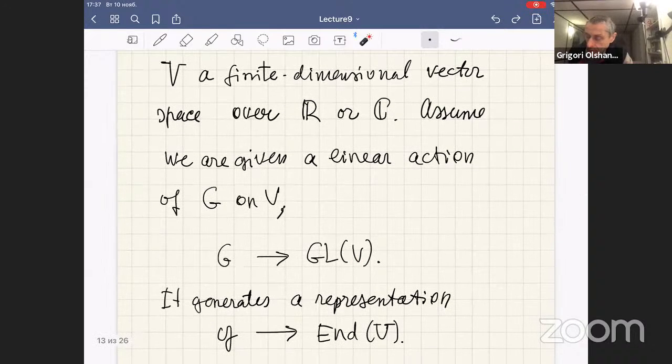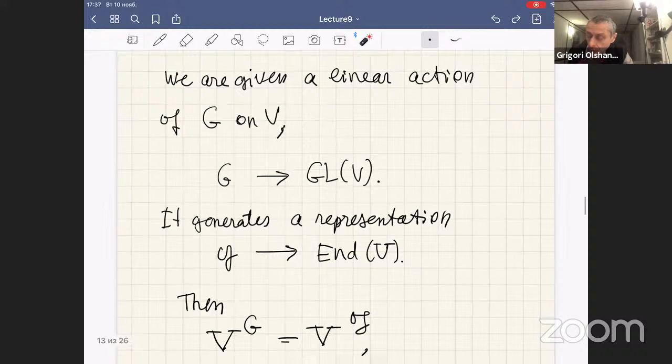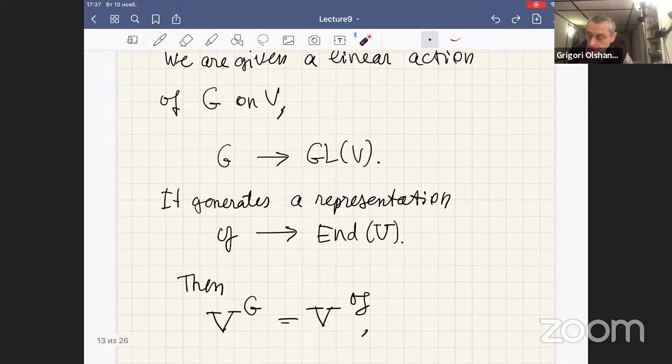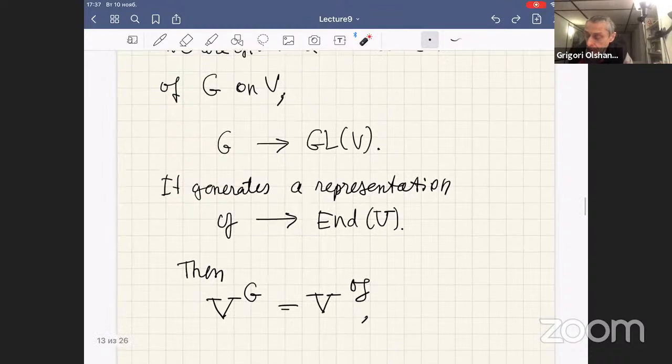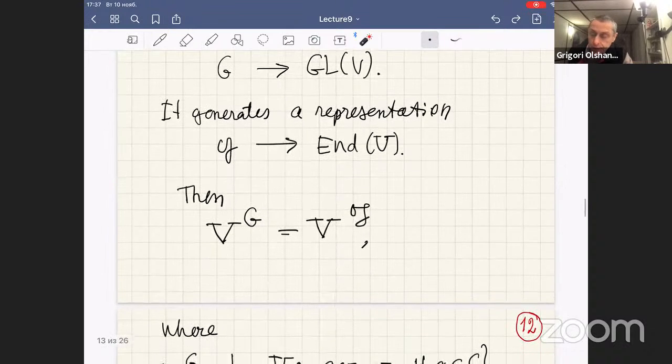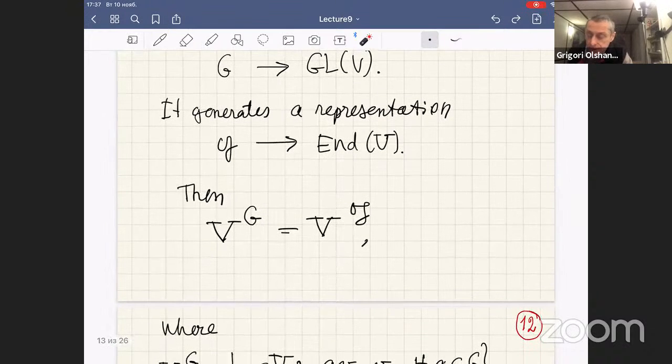So we assume that we are given this representation, but then we have a derived representation of the Lie algebra on the same space. And because the group is connected, this is an easy exercise in Lie groups and Lie algebras, then the invariants for the group are the same as the invariants of the algebra.